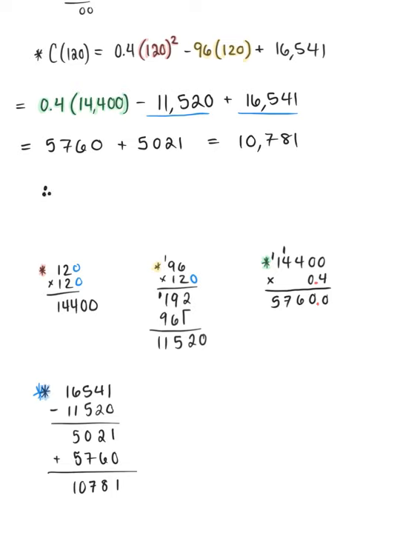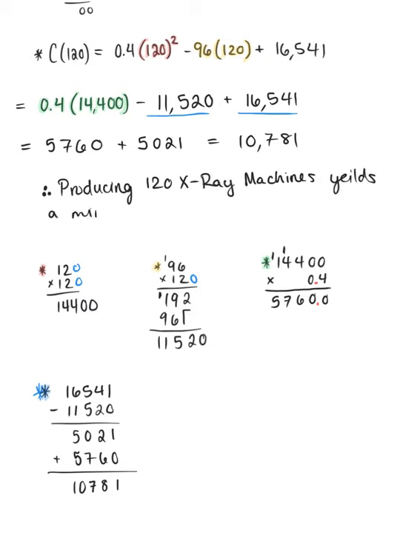Well, this is allowing us to conclude that, therefore, producing or manufacturing 120 X-ray machines yields a minimum cost of $10,781. And so this is our final answer.